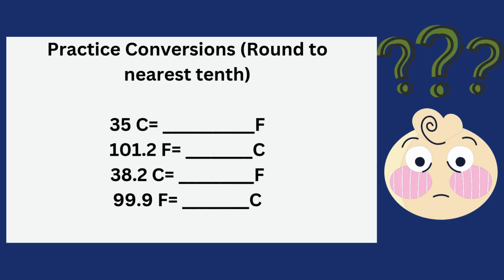And you would end up with 38.444444 forever. Rounded to the nearest tenth, because that number's less than 5, would be 38.4.